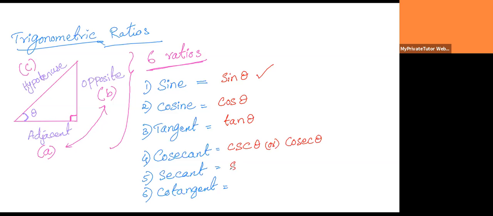And the next one is secant theta. Cotangent is nothing but cot theta. Guys, are you able to remember all these trigonometric ratios? These are the 6 trigonometric ratios: sine, cos, tan, cosecant, secant, and cot theta.